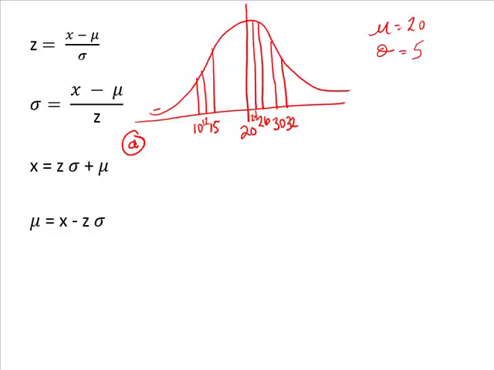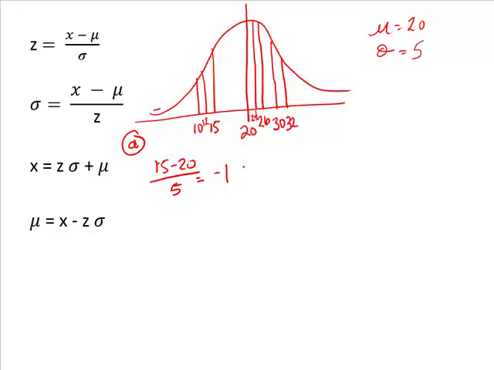All right, Aaron, for A, what do we do first? I used z equals x minus the mean over the standard deviation. I did z equals 15 minus 20 over 5, negative 5 over 5. Z equals negative 1.